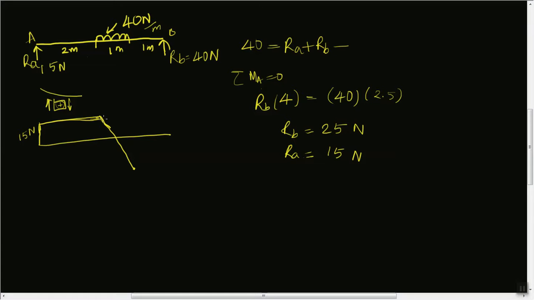It is causing a total load of 40 newtons over a span of 1 meter, and this will continue as it is till here. And this must be 25 newtons.